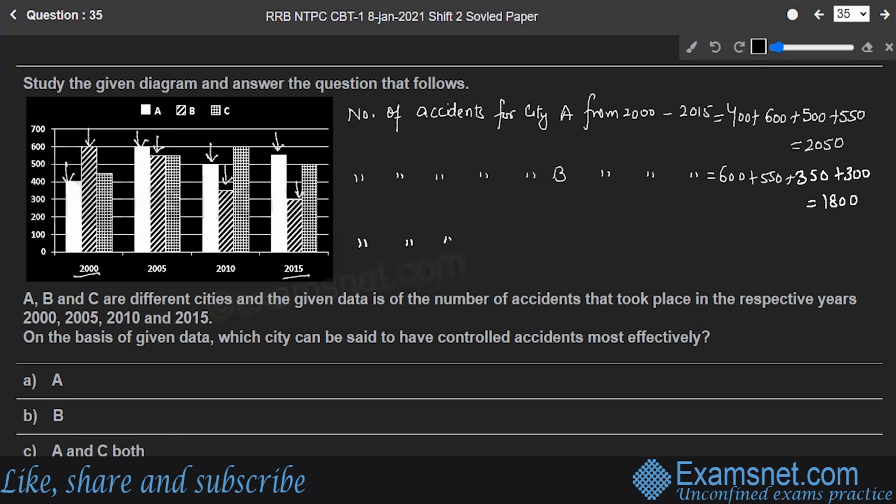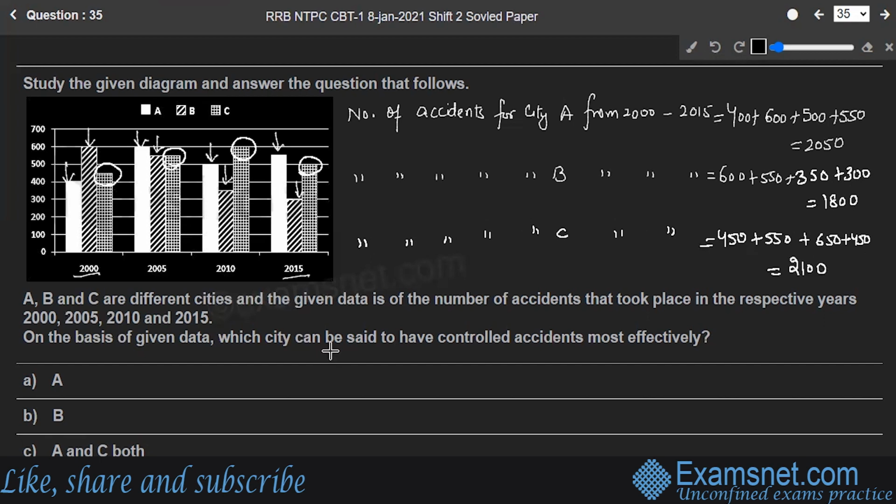Next, the number of accidents for city C is 450, 550, 650, and 450. That is a total of 2100.